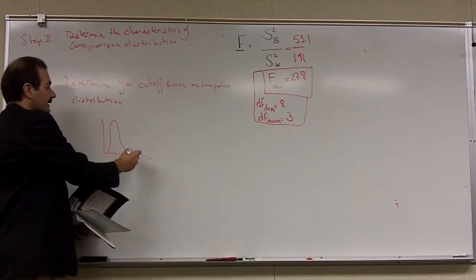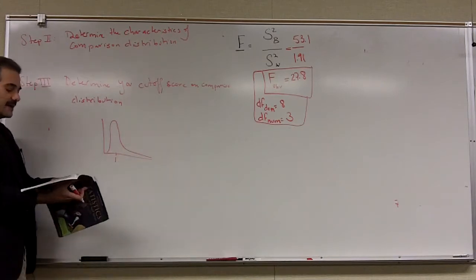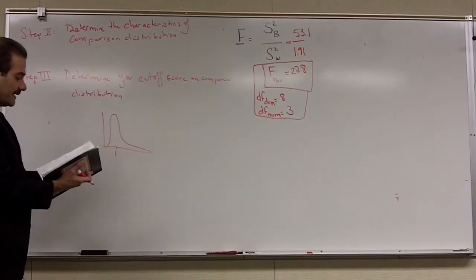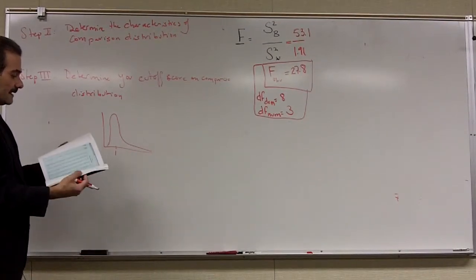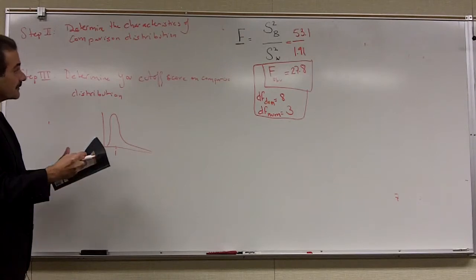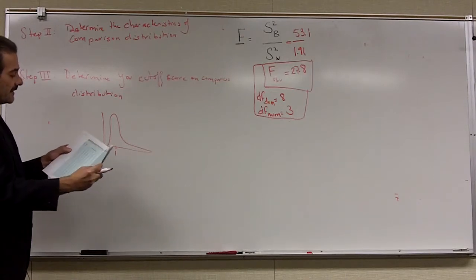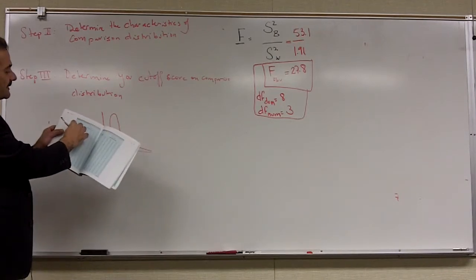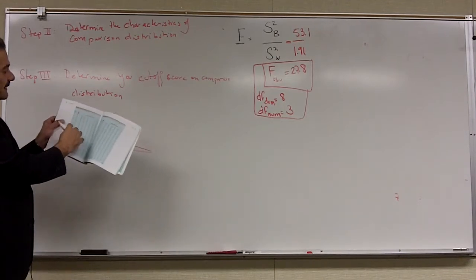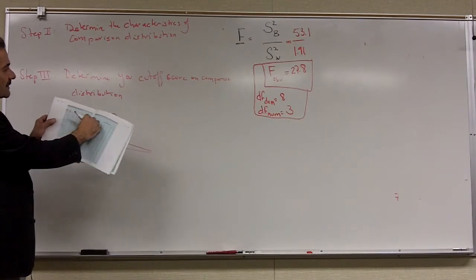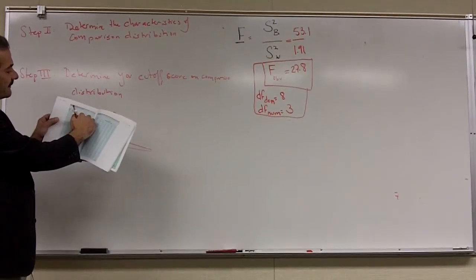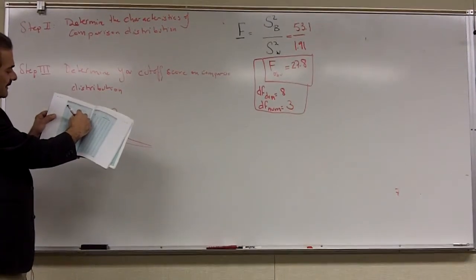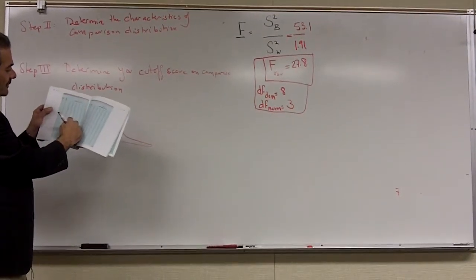So your cutoff point is determined by going to the table, just like usual. And you go to the table, which is on page 440. Please follow with me, because this is important. It's hard to read these tables. You're looking at degrees of freedom denominator, which goes down, and degrees of freedom numerator goes across. So you've got 3 degrees of freedom numerator, your third column here, and you go to the 8th row.